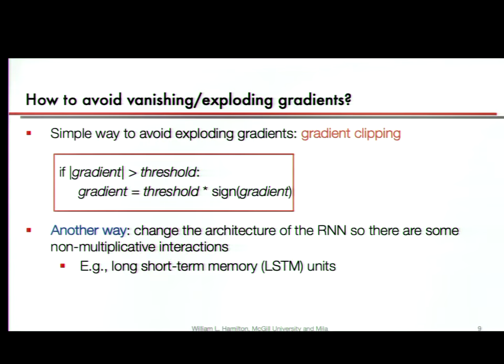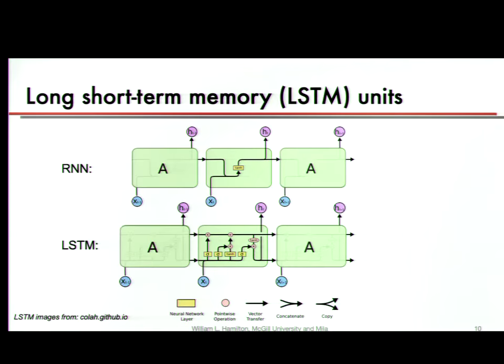In fact, the real solution is something quite a bit more complicated, which is called the long short-term memory unit. And I should say there are other competitors to the LSTMs, things called the GRU, the gated recurrent unit, which I won't go into detail on. The LSTM is the most popular, and really they all have a similar idea.